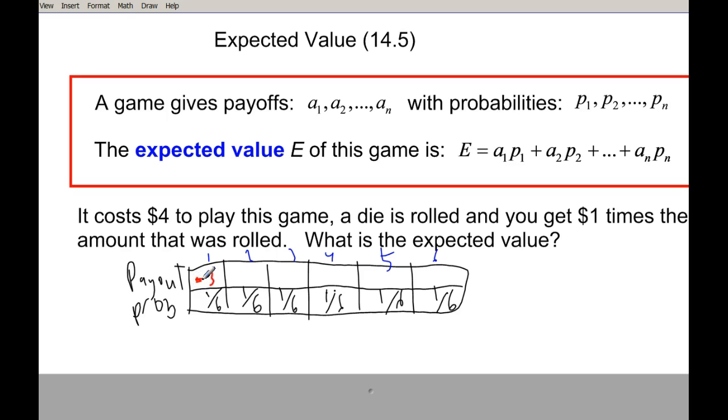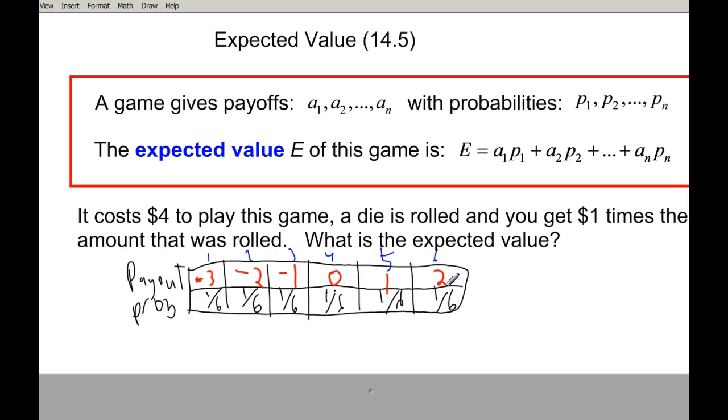If you get $2 back, that would be -$2. If you get $3 back, that would be -$1 total. 4 is a wash. Paid $4 to play, $4 back. You get $1 positive, and you get $2 positive here. So those are your payouts. That's probably the most difficult part about setting up the problem.